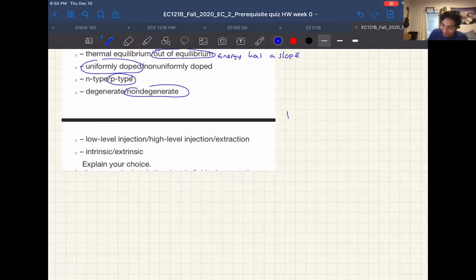So right now it's very engraved in my brain that low level injection is when the number of carriers generated do not affect the majority carriers.